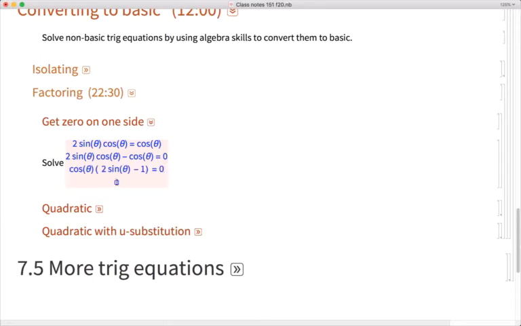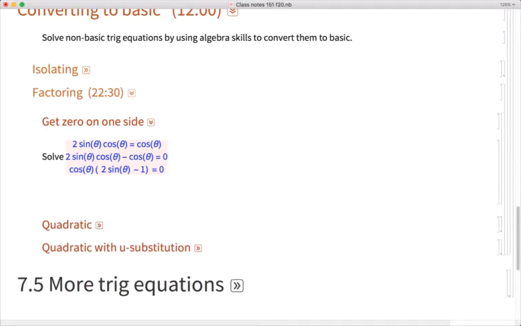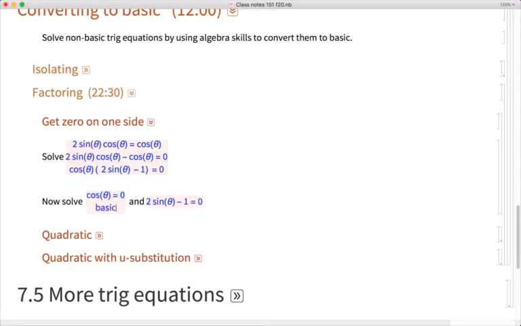The reason that we factor, once we have something set equal to 0, is that it leads to 2 separate equations: cosine theta equals 0 and 2 sine theta minus 1 equals 0. This one's basic already, so we should be able to solve it. This one is not basic, so it's going to take just a little bit more algebra.